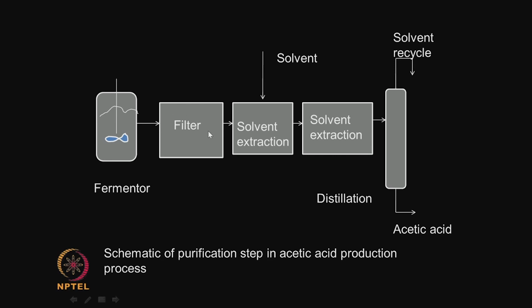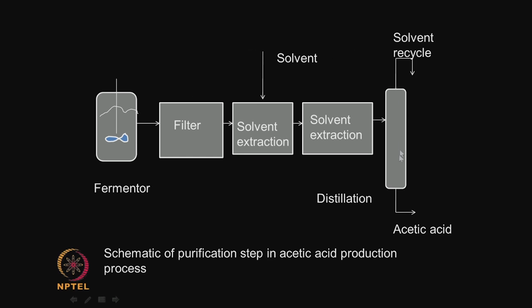You need a filter for removal of the dead biomass, salts and other undissolved products, and then it goes into a solvent extraction where you use a solvent to recover your product, and then in the distillation column you remove the solvent and also the acetic acid. So, acetic acid comes at the bottom of the distillation column and the solvent comes at the top, and the solvent is recycled back into the extractor.